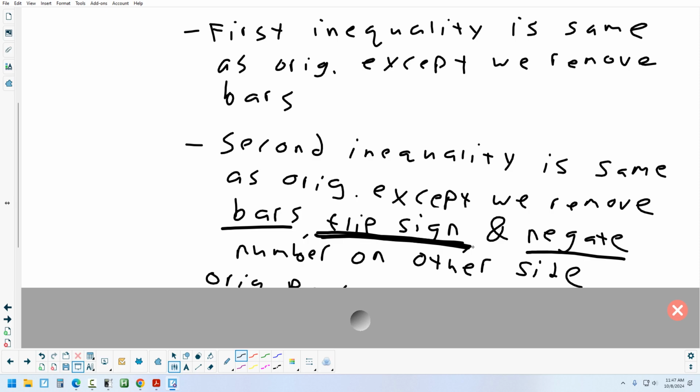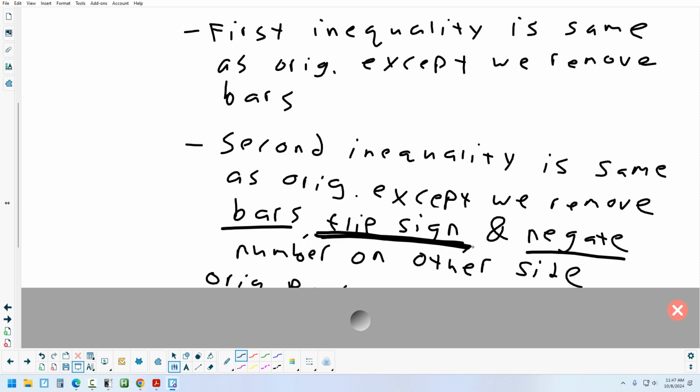Now, I told you that the final answer is going to have one of two words in it. What are the two choices for the words we've been using when we write inequalities? And what's the other one? Or. So it's either going to have an "and" or it's going to have an "or." And you can't just pick one.